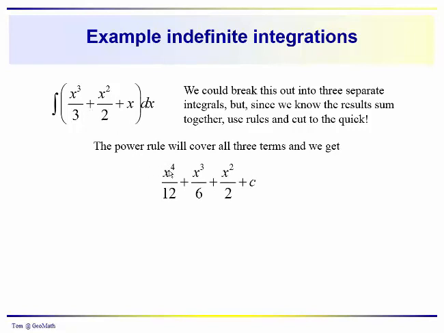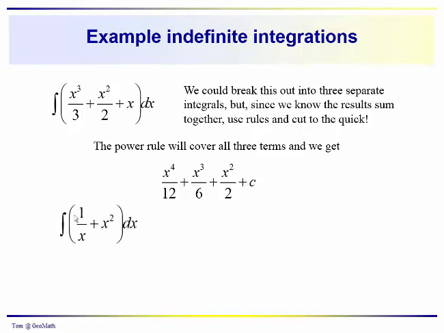The first term will be x to the 4th, multiplying the denominator by 4, we get 12. And for the next term, x cubed over 6. And for the next term, increase the exponent by 1, x squared divided by 2, the new exponent, and add in that constant.